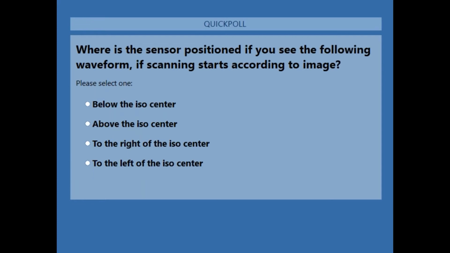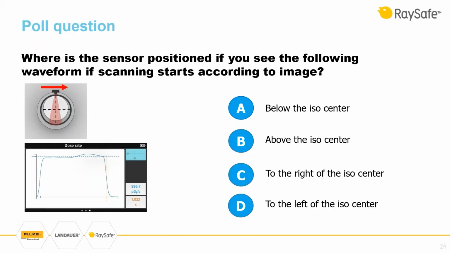Give it just a little bit more time. We're at about 75% of the people have voted so far. Okay, I'm going to hit close on this poll and let's see what everyone came up with.